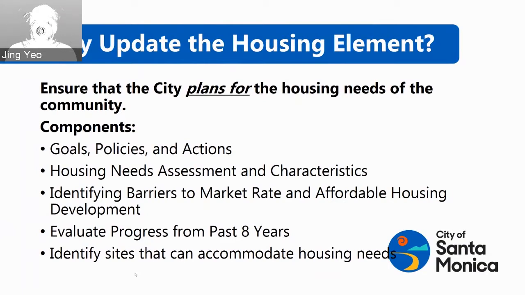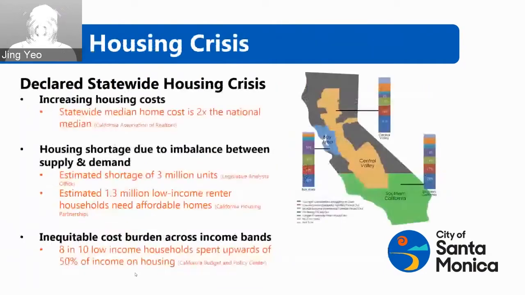The housing element also includes within it a needs assessment and characteristics, both demographic and of the housing stock, to provide baseline data as to what those needs are. We're required to identify barriers to market rate and affordable housing development. We are required to evaluate the progress from the prior 8 years, from that 2013 to 2021 planning period, and also identify sites that can accommodate those needs.